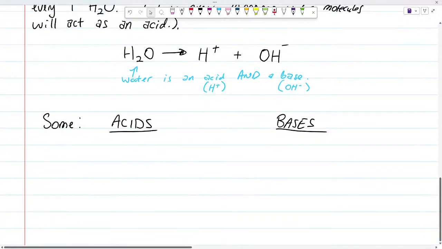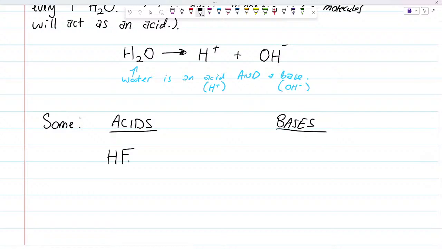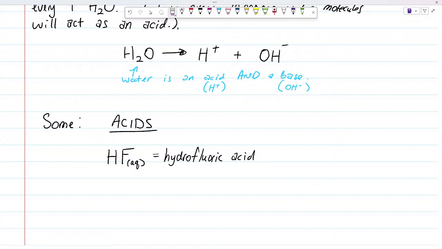So those make acids easily. If H and F come together, when you dissolve that in water, it will be an acid. So HF as a gas would be called hydrogen fluoride, but if we dissolve it in water, which means AQ, we would call that hydrofluoric acid. I'm actually going to put this bases below. I don't know why I wrote it there. It was a bad choice.